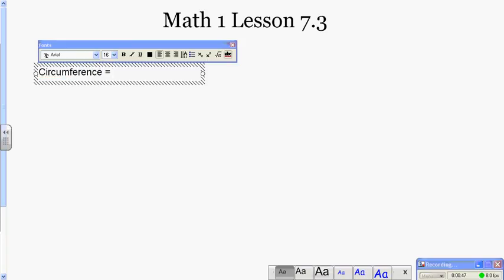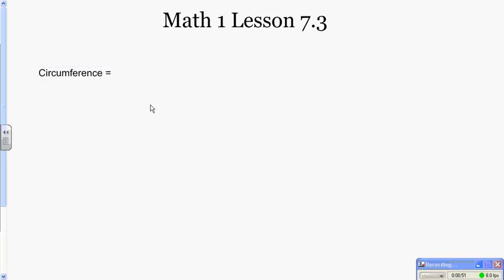Circumference equals, there's two formulas for it. You guys, I'm sure, are familiar with them. Pi times diameter, or 2 pi r.